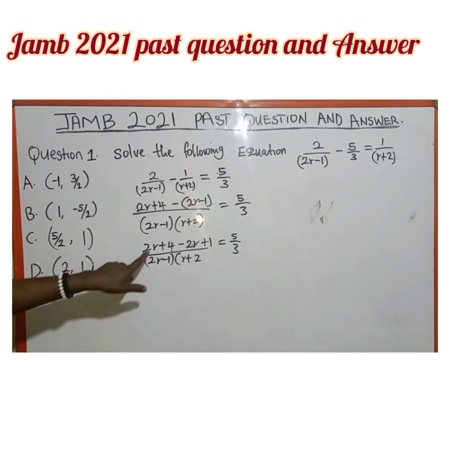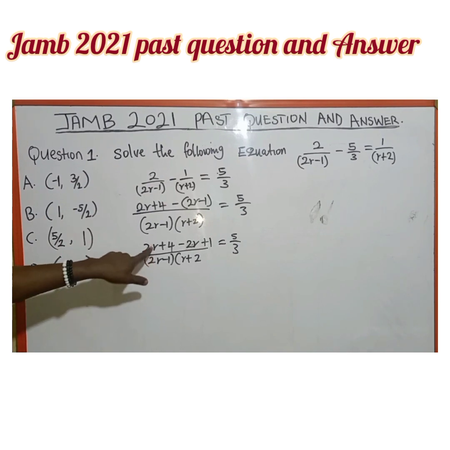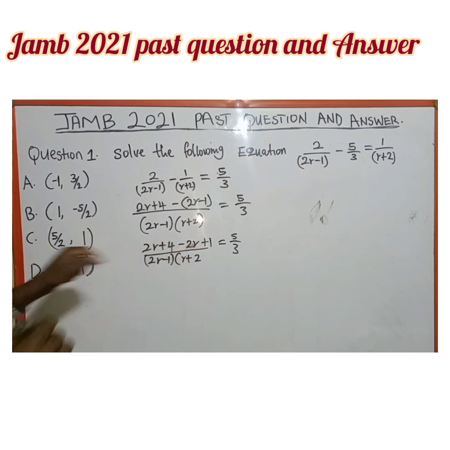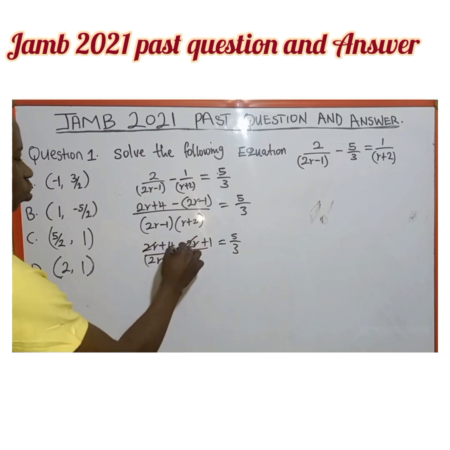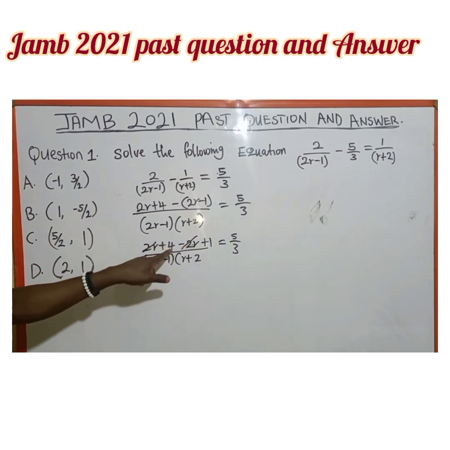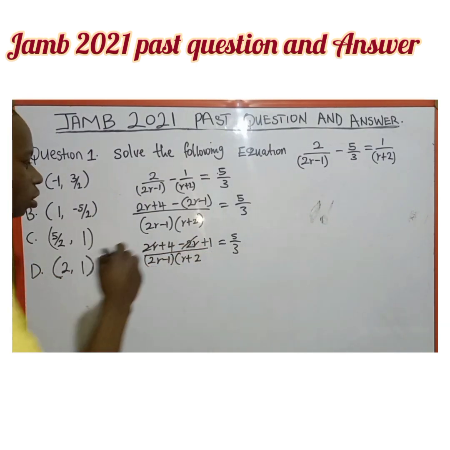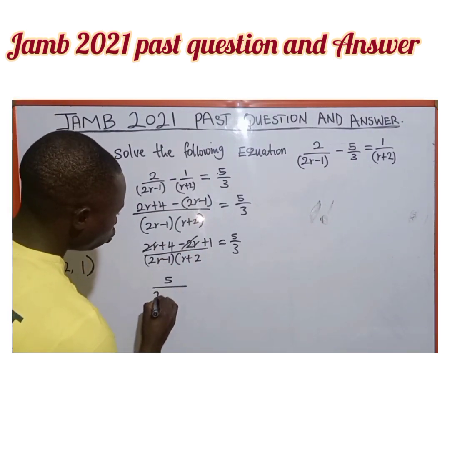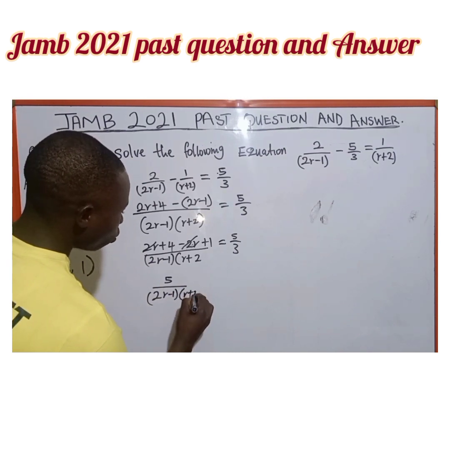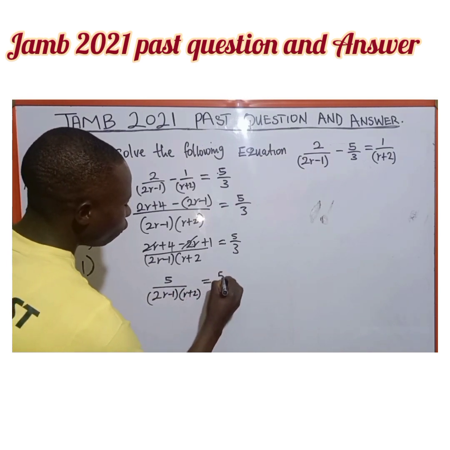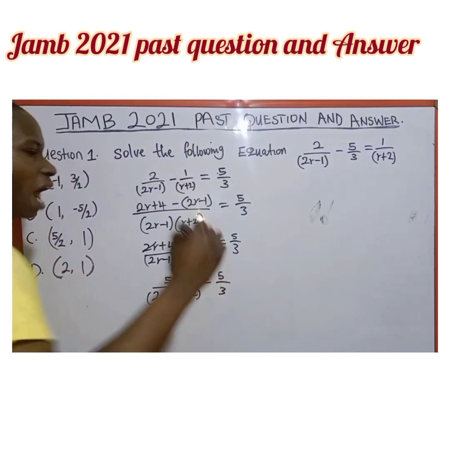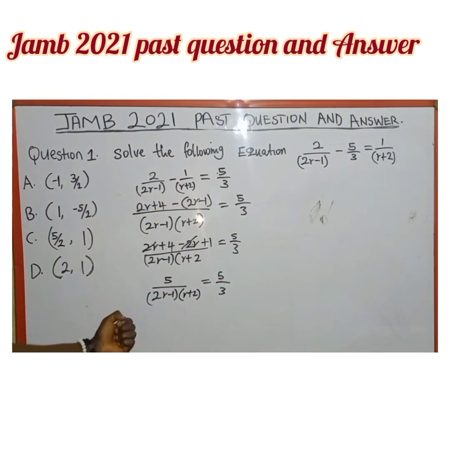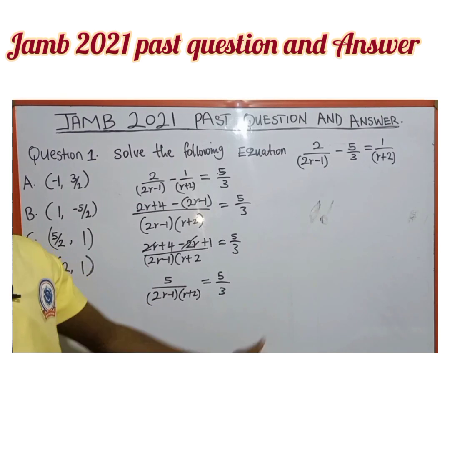If you look at the numerator here, we have 2r and negative 2r, so this can cancel this. In the numerator, we are left with only 4 plus 1, which is equal to 5. Then 5 over 2r minus 1 multiplied by r plus 2 is equal to 5 over 3. And remember, in an equation, the left hand side must be equal to the right hand side.